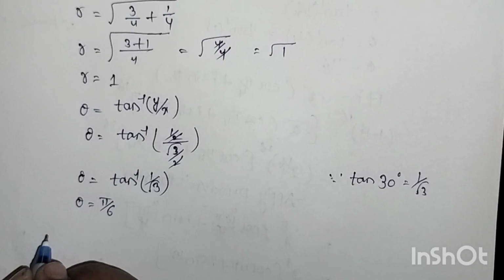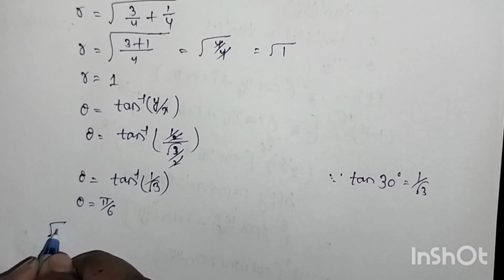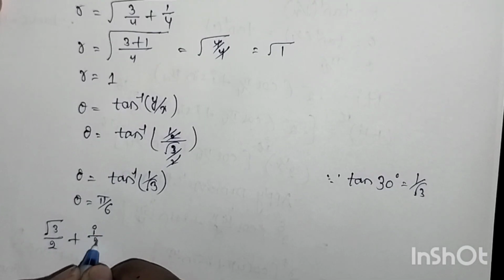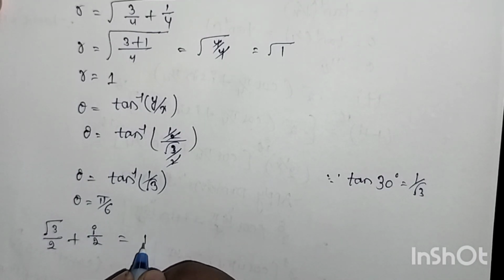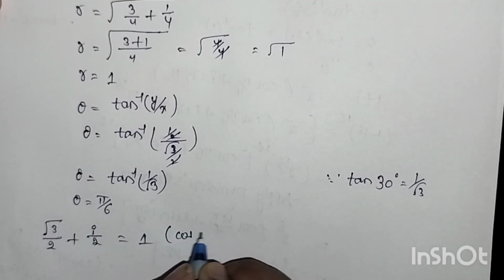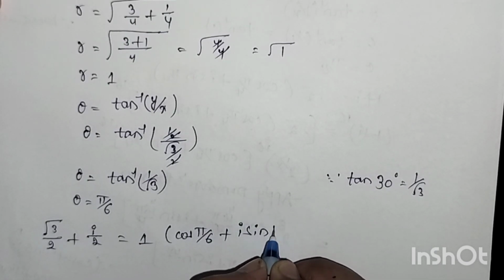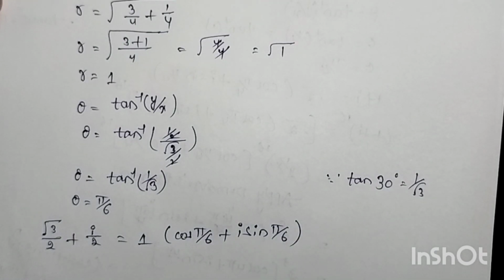So we have the r value and theta value. Root 3 by 2 plus i by 2 equals 1 into cos pi by 6 plus i into sin pi by 6.